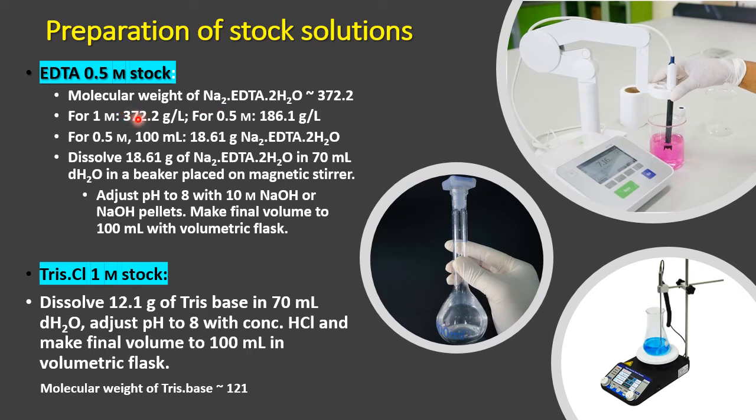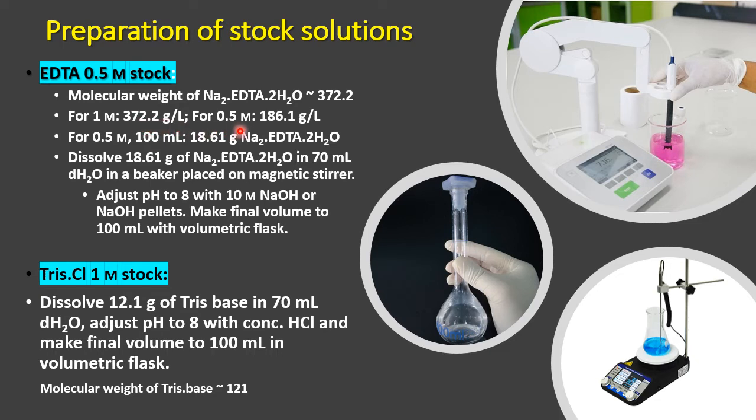how you are going to make it, like the molecular weight of EDTA. It depends which EDTA salt you have, like with 2 water molecules and 2 sodiums attached. So, for example, its molecular weight is this one. For 1 molar EDTA, you need this many grams per liter.